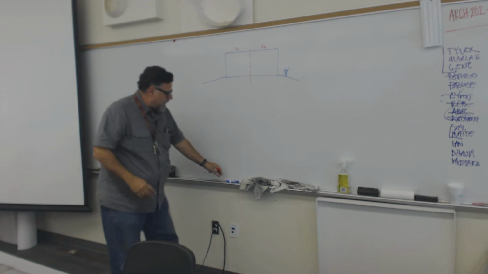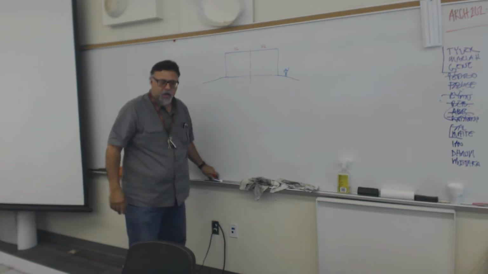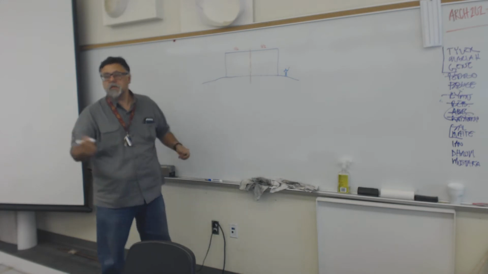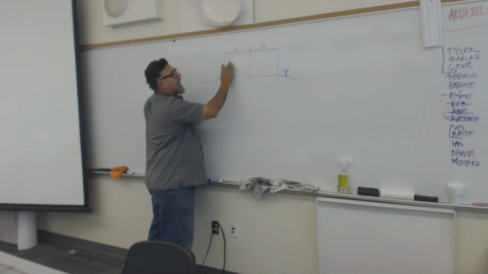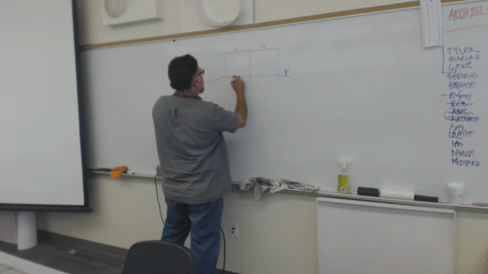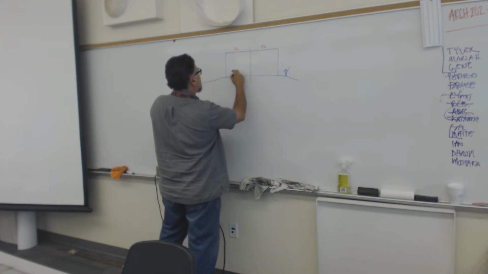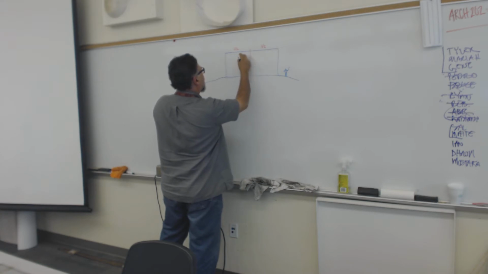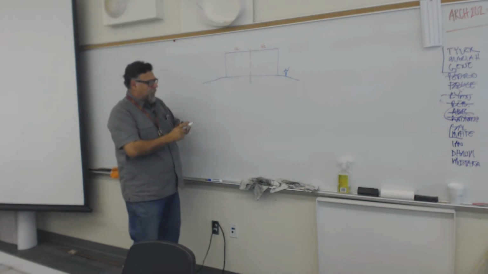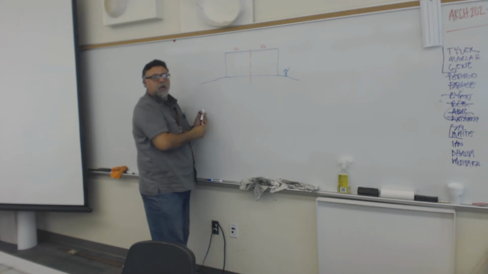Now, what if I further subdivide the halves into more parts? So what if I take this half, and instead of dividing it into a half, now I take it and I split it into 3 equal pieces. Okay? So I took the half and broke it into thirds.